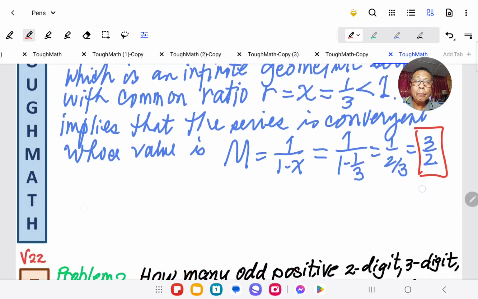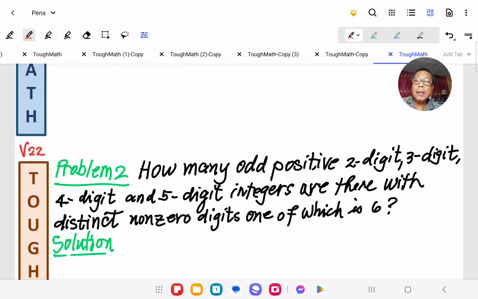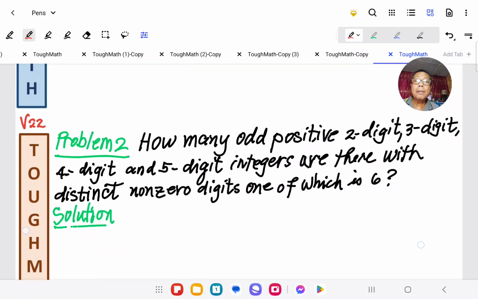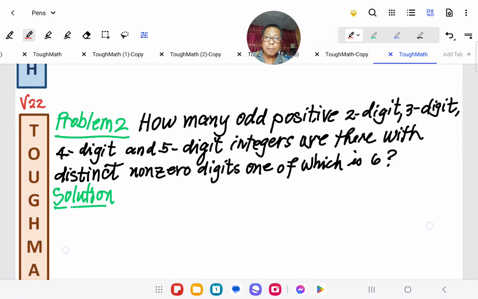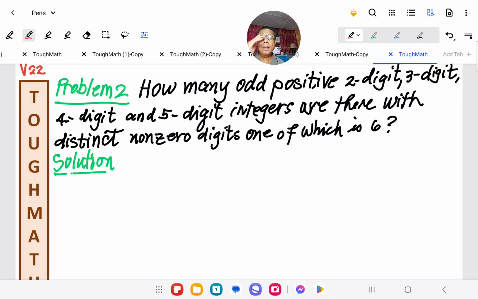Now we go to the second problem of this video. How many odd positive 2-digit, 3-digit, 4-digit, and 5-digit integers are there with distinct non-zero digits, one of which is 6? Okay.